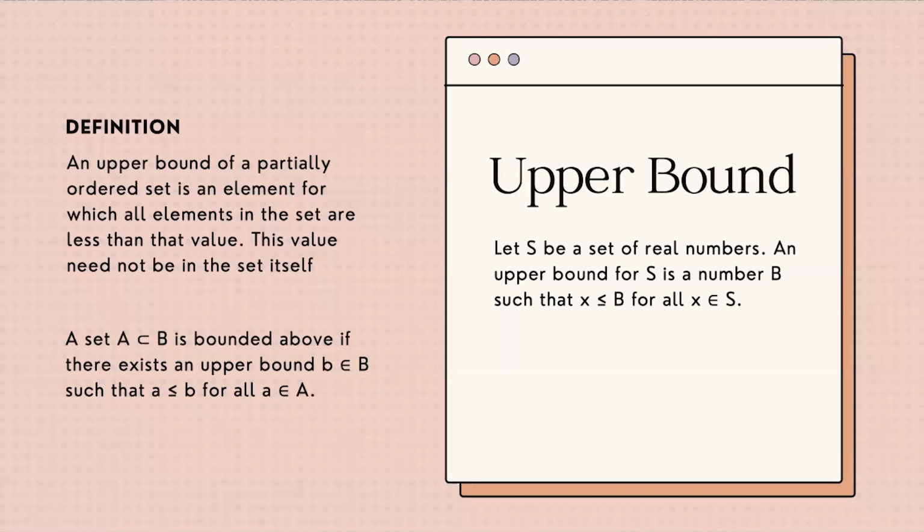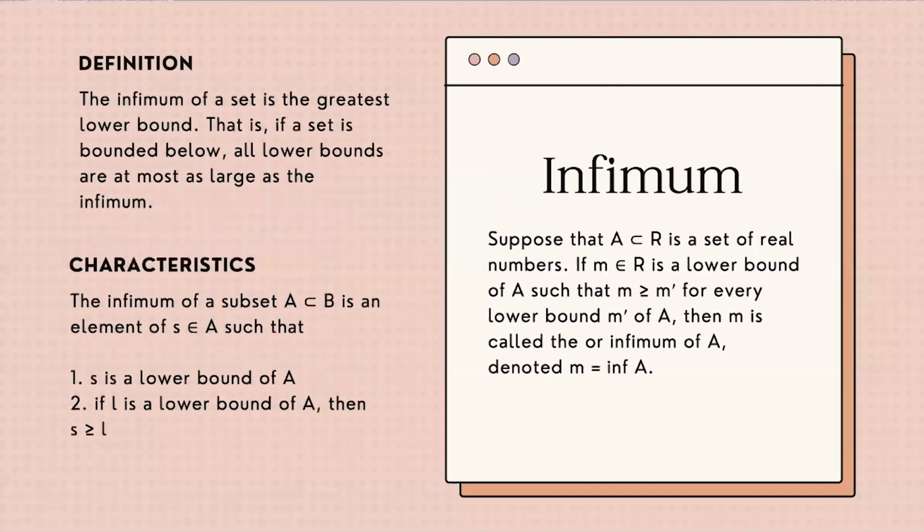A set A subset of B is bounded above if there exists an upper bound, small b, that is an element of your set B, such that a, which is an element of your set A, is less than or equal to b. So that, my friends, are lower bound and upper bound.